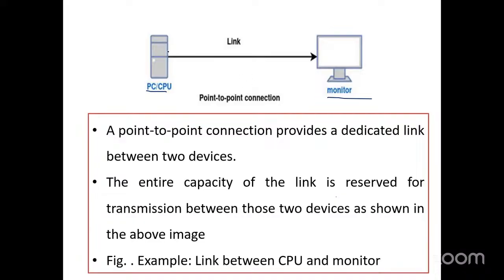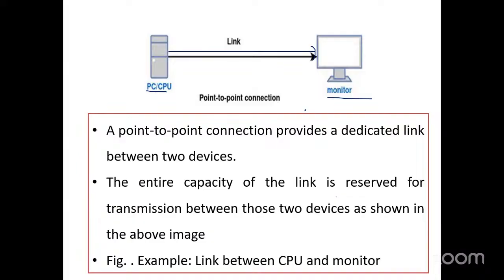We know that we use one cable to create the link between the CPU and the monitor. So this link is called a point-to-point connection. In simple words, in a point-to-point connection, the devices maintain a dedicated link between them. A dedicated transmission media, or a dedicated cable, is connected from the CPU to the monitor. So this connection is called a point-to-point connection.